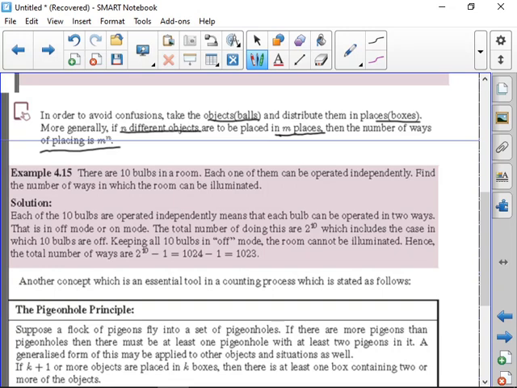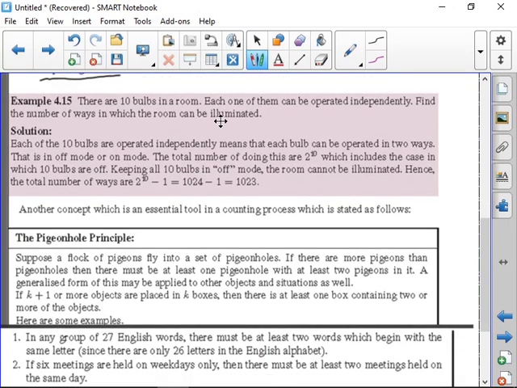Now example 4.15 is based on this. There are 10 bulbs in a room. Each one of them can be operated independently. Find the number of ways in which the room can be illuminated. Illuminated means to light the room.